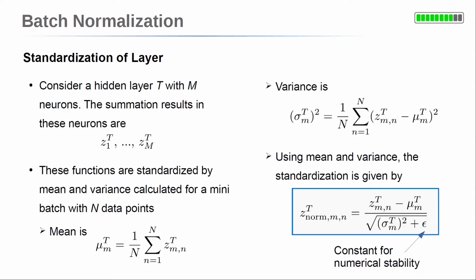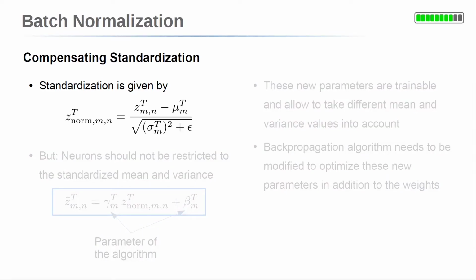Standardization shifts the values by the mean and scales them by the standard deviation. Then, the values are distributed according to a standard normal distribution. We can apply this standardization technique for each neuron, layer by layer.